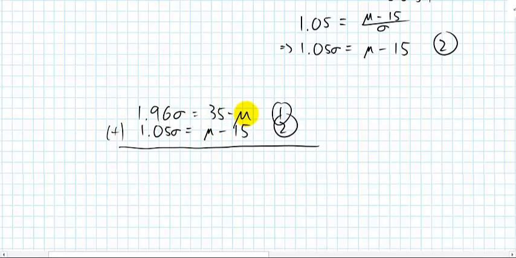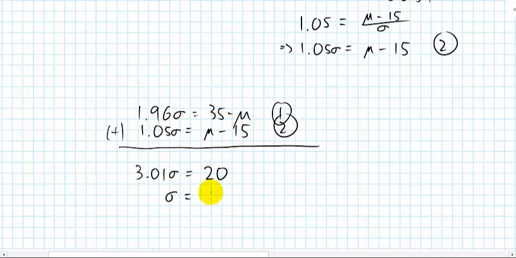So I can eliminate mu by adding these two equations. So I will get 3.01 lots of sigma is equal to, well, the mu's will cancel, and then it will be 35 minus 15, that's equal to 20.